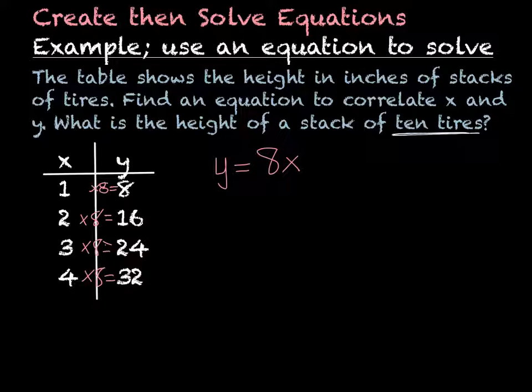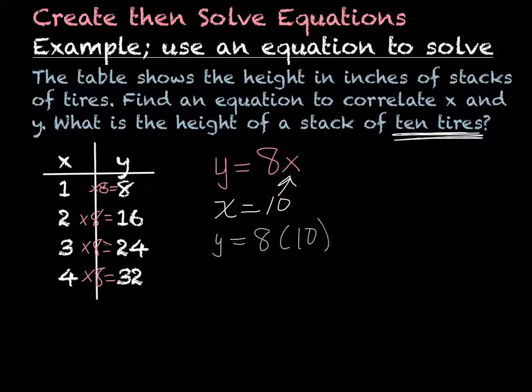Now I want to know the height of a stack of 10 tires. So 10 tires, that would mean that x is equal to 10. So I could just continue the pattern on, or I could just put that in for x and evaluate the equation like we did back in a previous skill. Okay, so we have y equals 8 times 10. 8 times 10 is 80, so y equals 80.